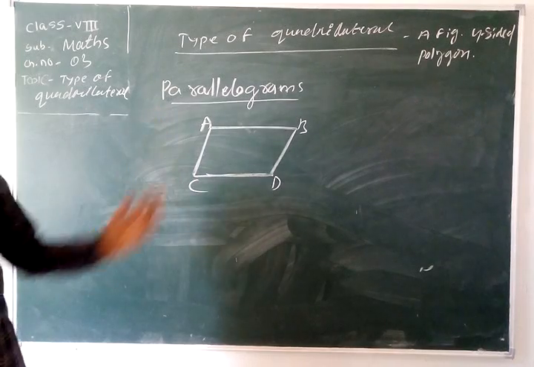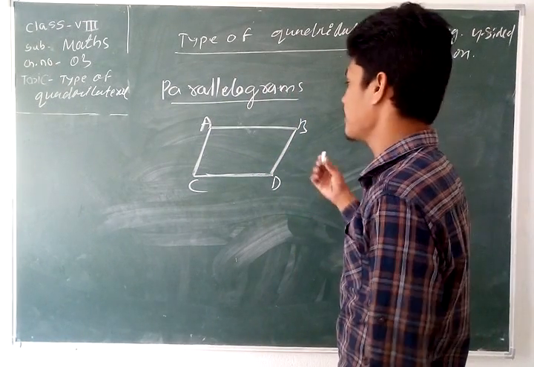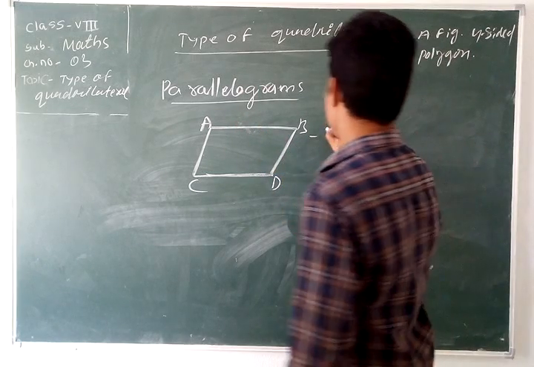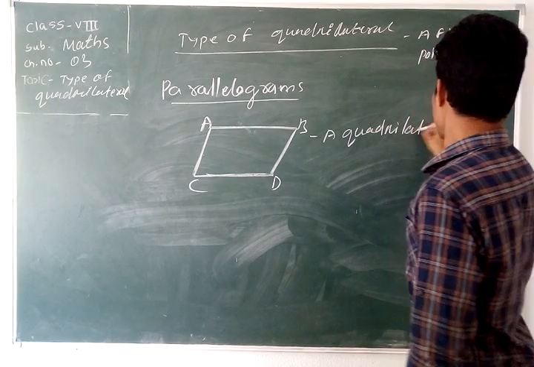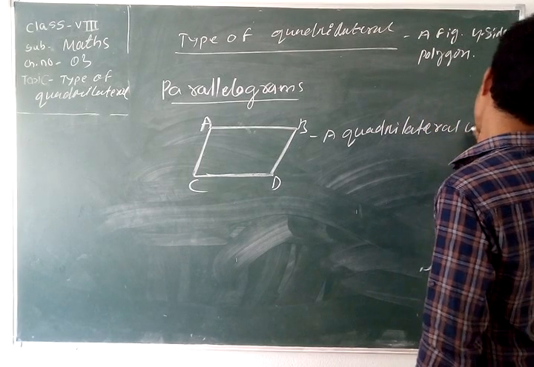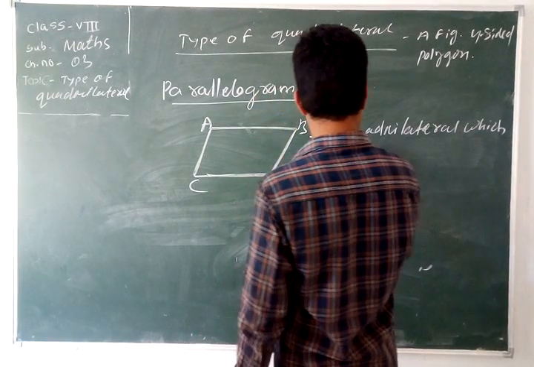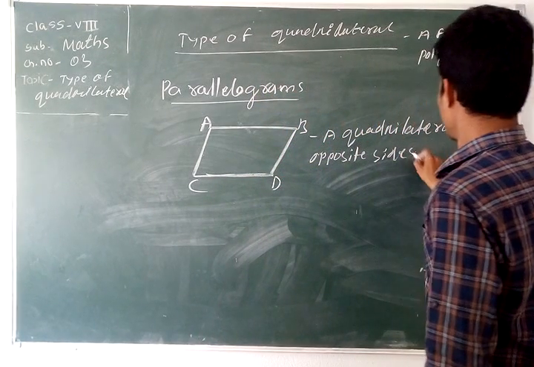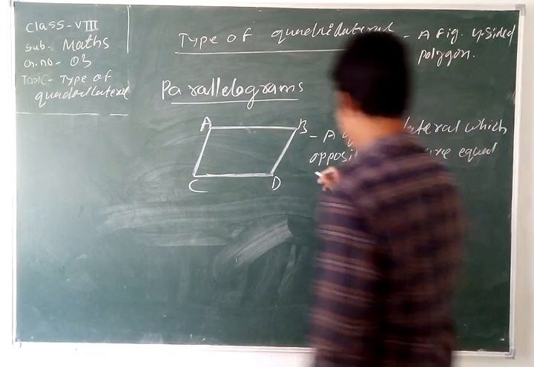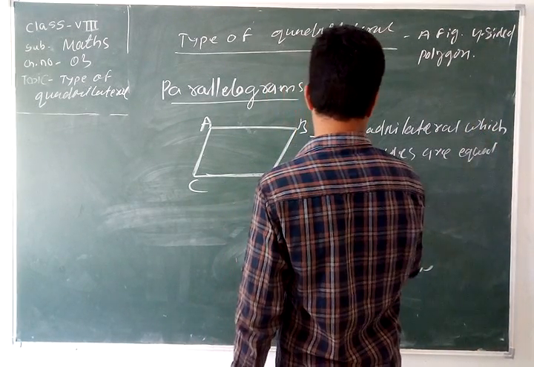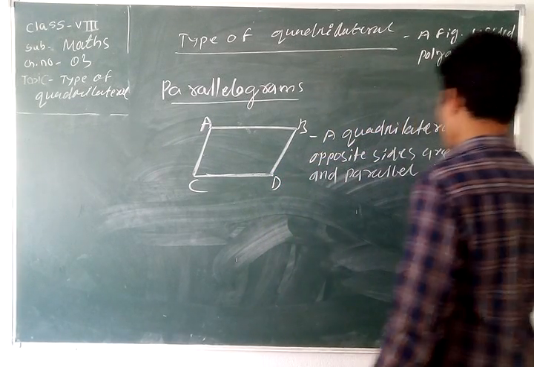A quadrilateral whose opposite sides are parallel and equal, and opposite angles are equal. It's called what? Parallelogram.